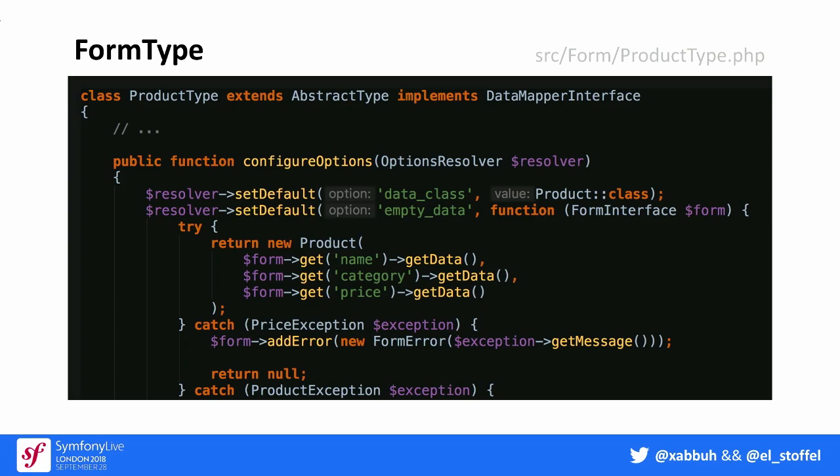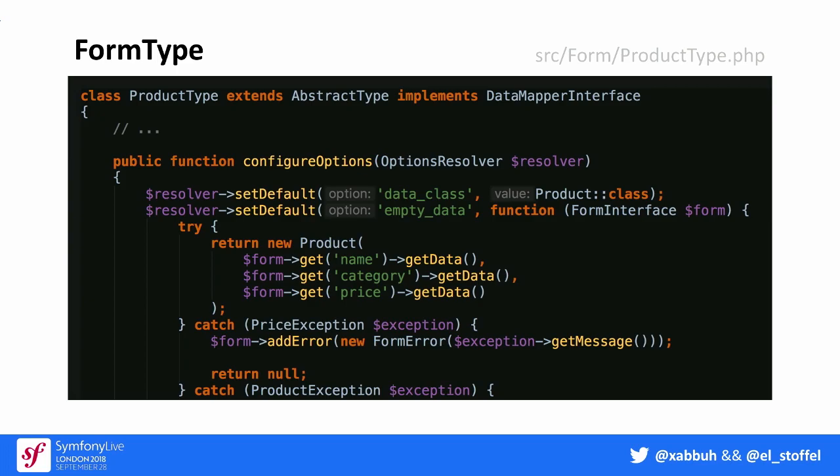Of course this will fail because we have mandatory arguments. So we are using the empty data option, and we can pass a closure here, which receives the form interface after submission, and then we can extract the data and pass it to our product constructor.